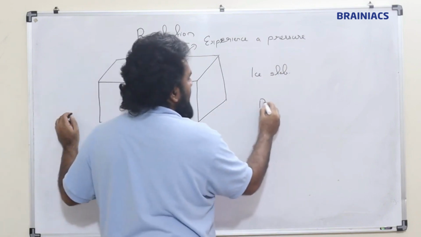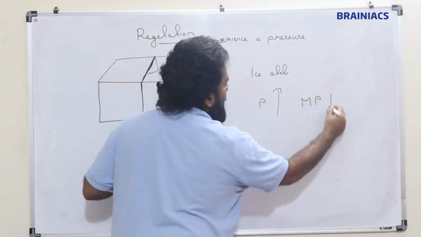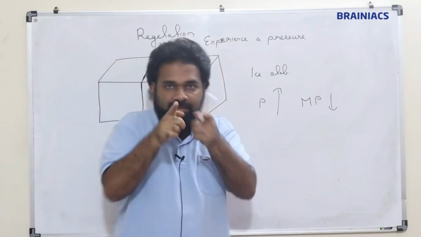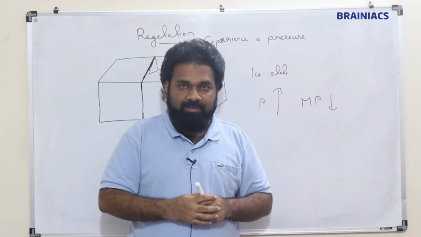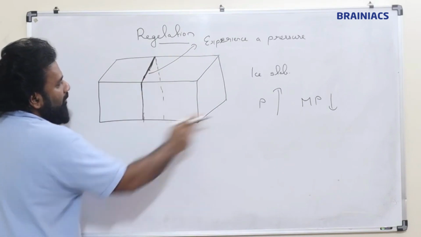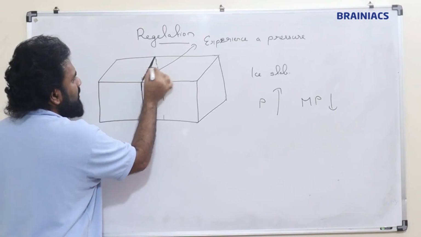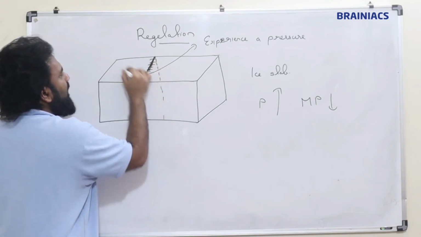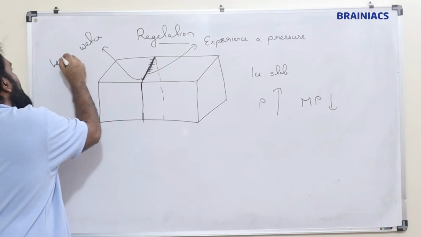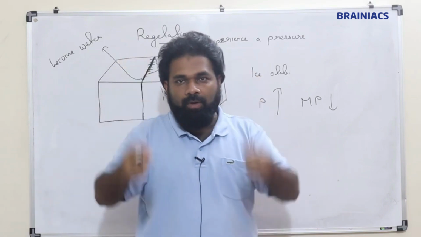We know when pressure increases, the melting point of ice will decrease. So the melting point of this region, at that thin strip, will decrease. When the melting point decreases, the surrounding area will become water. So what will happen? This string will go down.